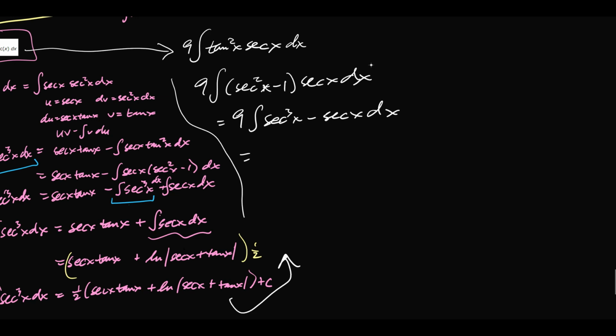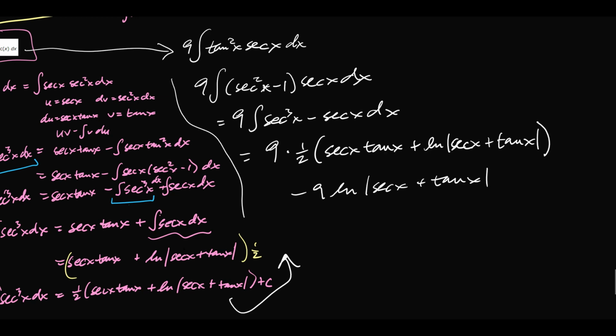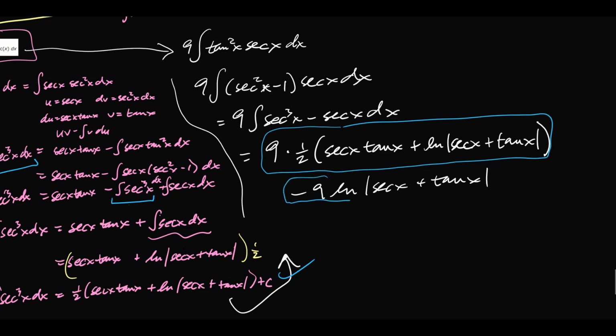So I'm going to put all this together. I just wrote it all out. Essentially this piece here is from below, and this piece here is just the integral of secant x.